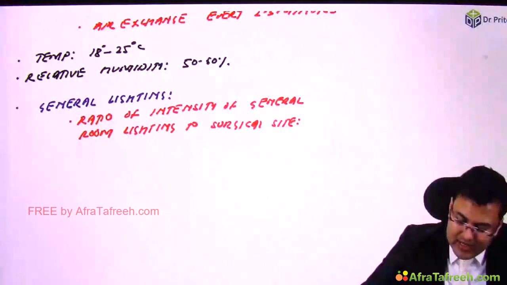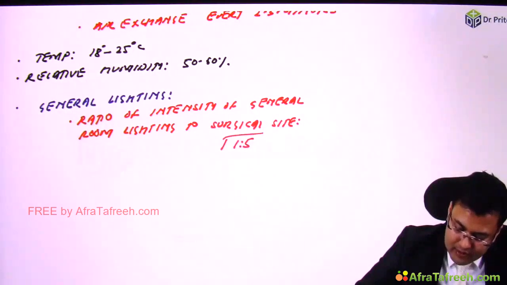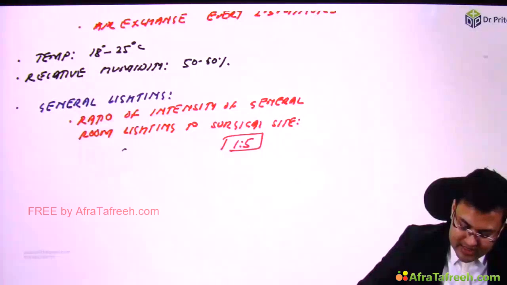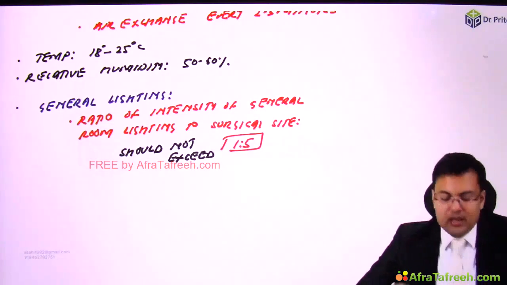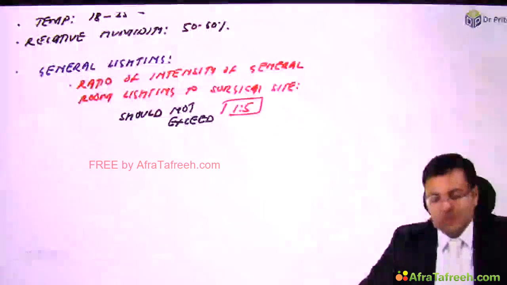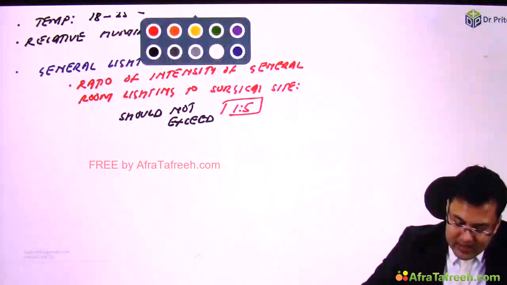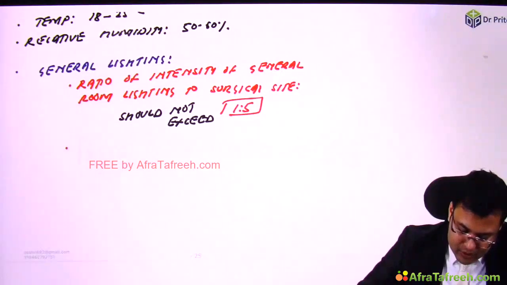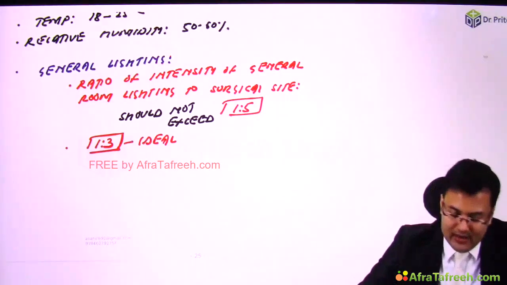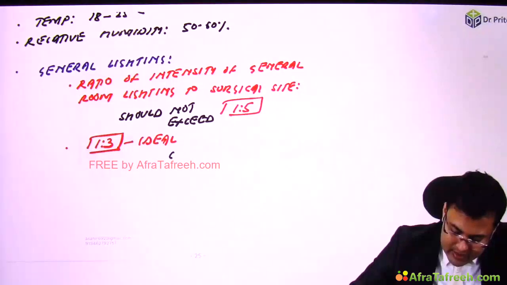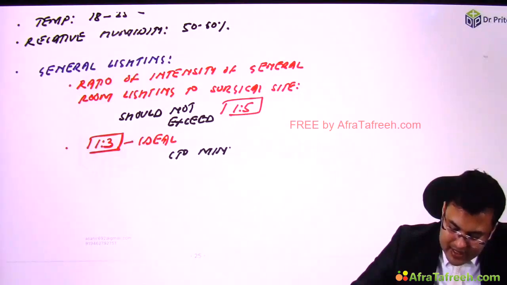It should not exceed, be careful, should not exceed 1 to 5. Ideally, the ratio should be 1:3. Why? Otherwise, there is eye fatigue, so it's done to minimize eye fatigue.